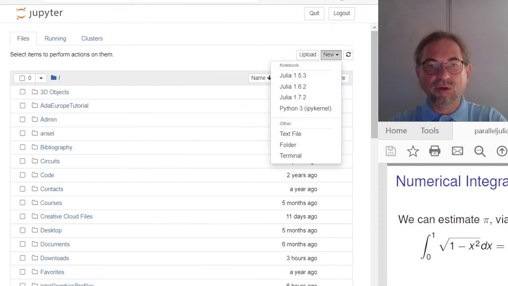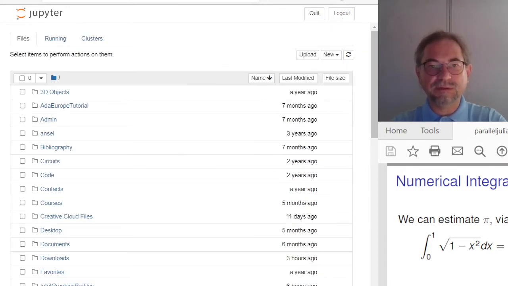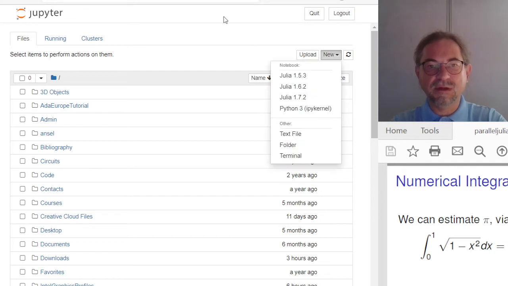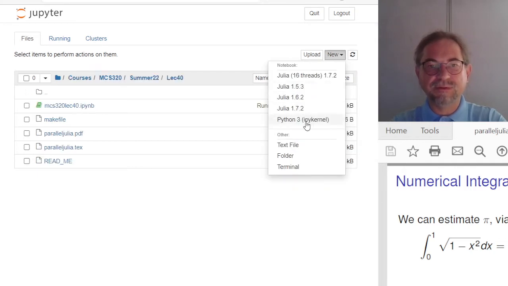So I defined a new kernel. Let's see if it's visible here. So I have my first kernel, which I installed for 16 threads. This is done on a Windows laptop, and I'm presuming that this will also work on Macs.